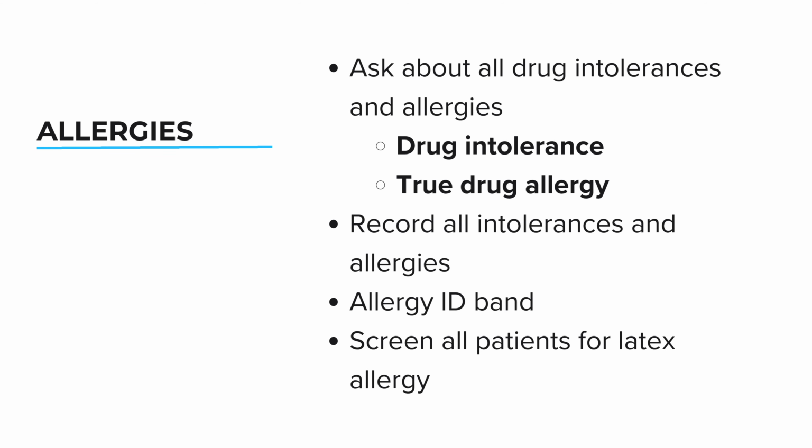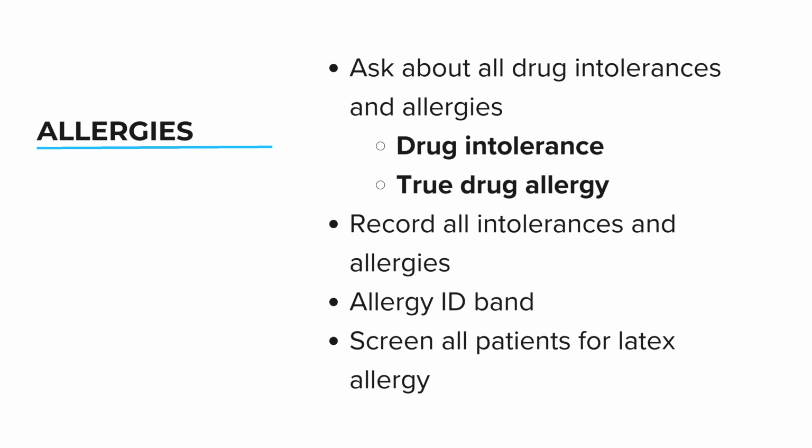Ask about all drug intolerances and allergies during the pre-op assessment. Drug intolerance causes unpleasant but non-life-threatening side effects. Examples of drug intolerance are nausea, constipation, and diarrhea. A true drug allergy can cause serious symptoms like hives or life-threatening reactions.